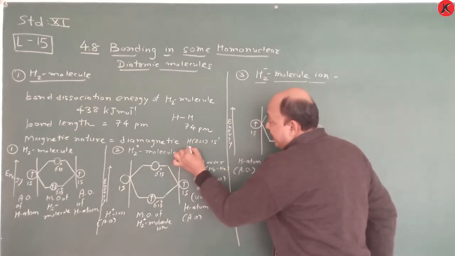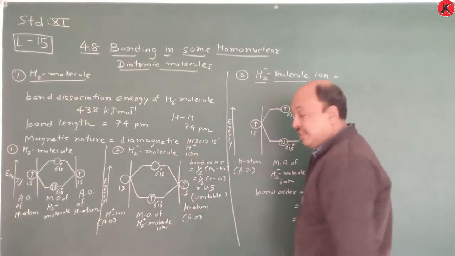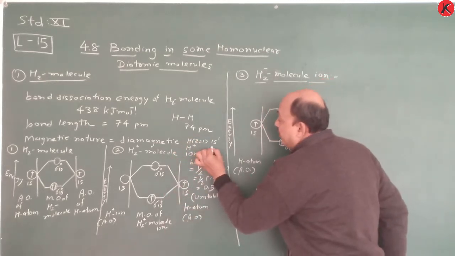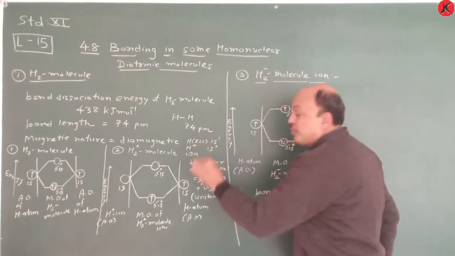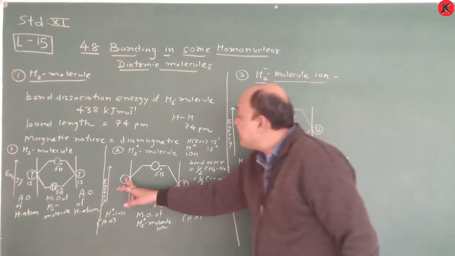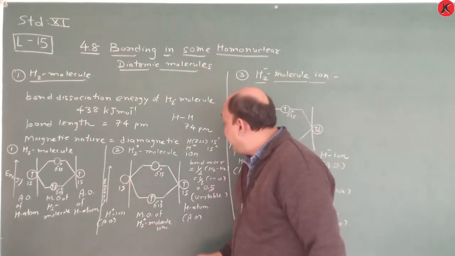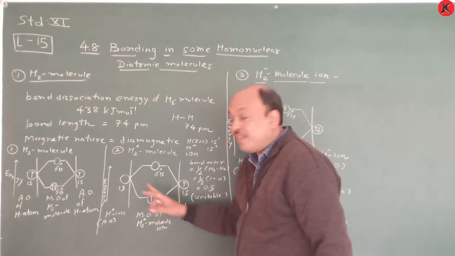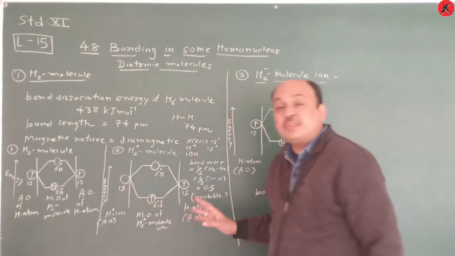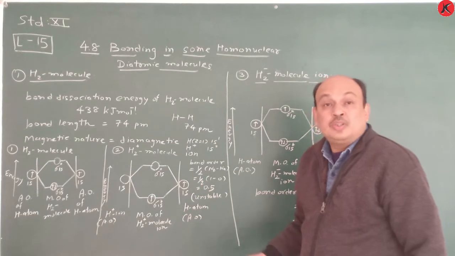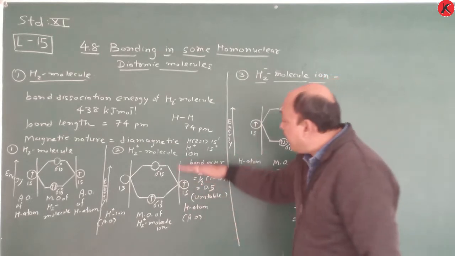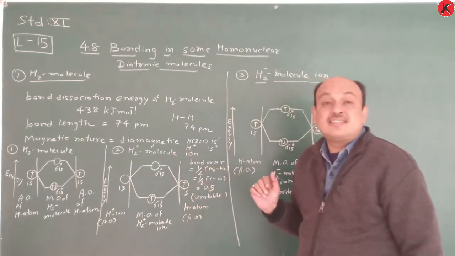But suppose I write H plus. That means from the 1s orbital, one electron is removed. So 1s0. So H plus has no electron, and the H atom has one electron.